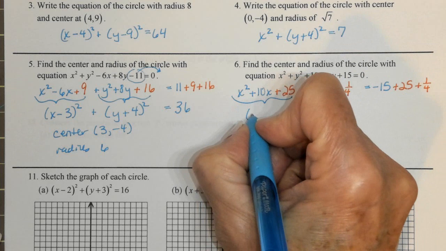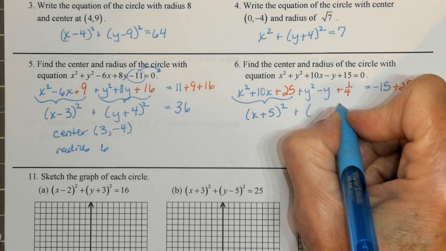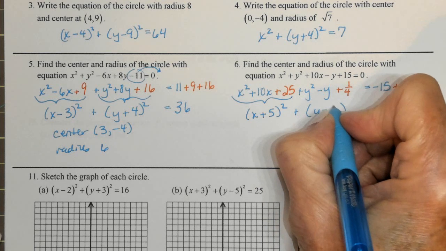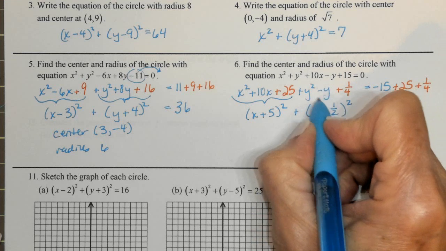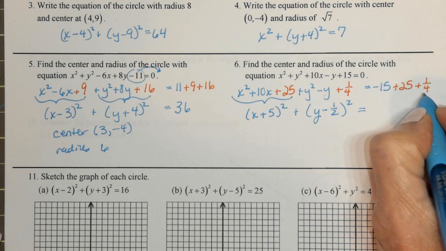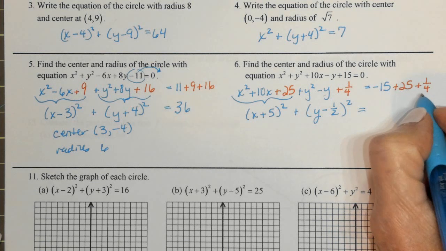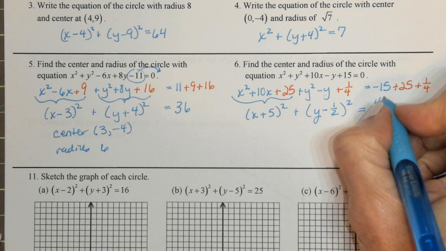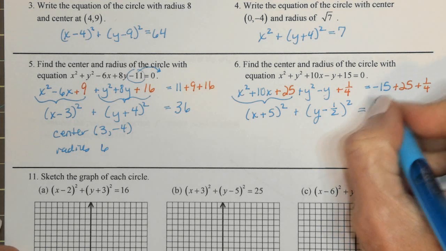Factor this into x plus 5 squared. Factor the y's into y minus 1/2 squared. It'll always be half of that number. And this will equal 10 plus 1/4. 10 is 40/4, so 41/4 would be that number over there.